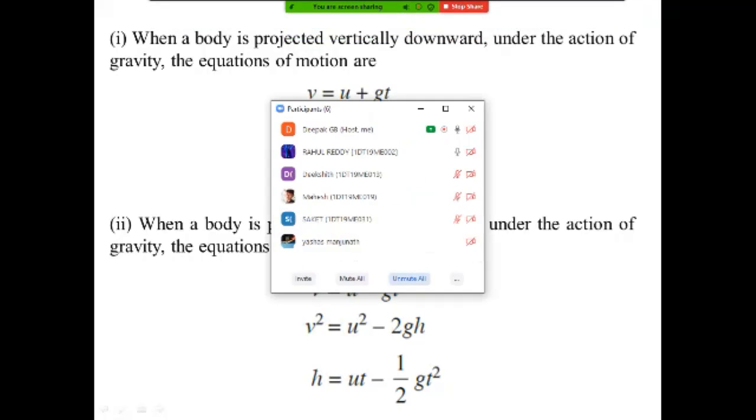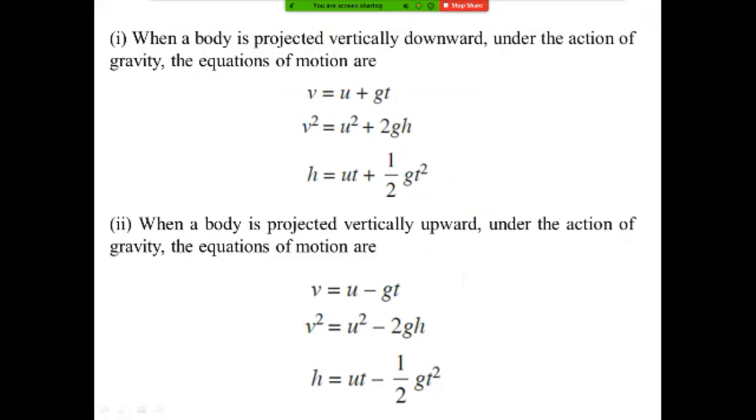Have you understood this? Yashas, Saket? Yes, sir. The only difference between rectilinear motion equations and the gravitational equations is that instead of acceleration we have acceleration due to gravity g, and for distance s we have height h.